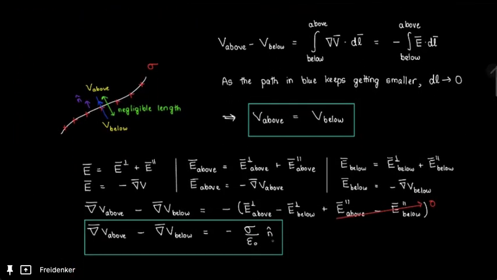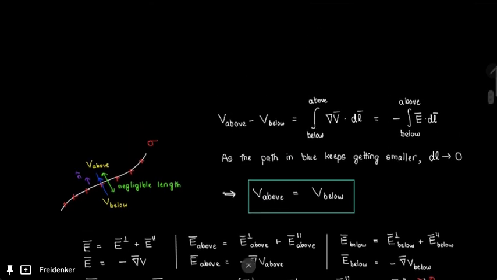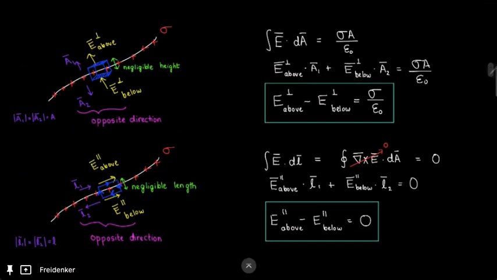I wrote n cap because the direction is important. This is gradient. Gradient of a scalar field is a vector field. So there is a vector field on the LHS. There should be a vector field on the RHS as well. How n cap? The direction of E perpendicular above minus E perpendicular below is upwards.